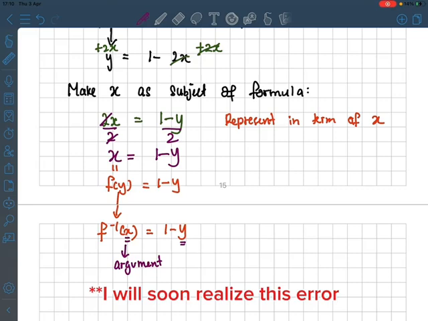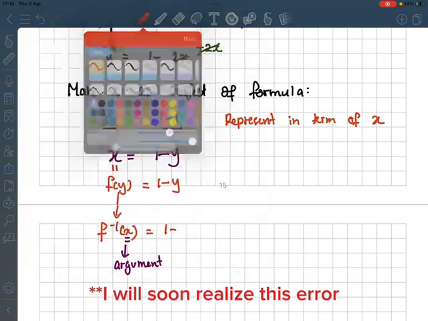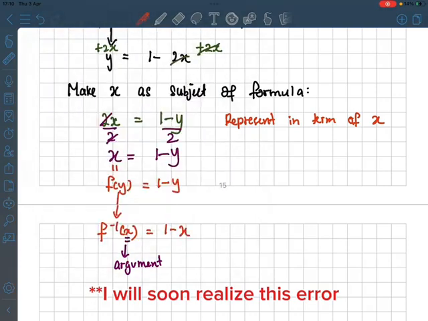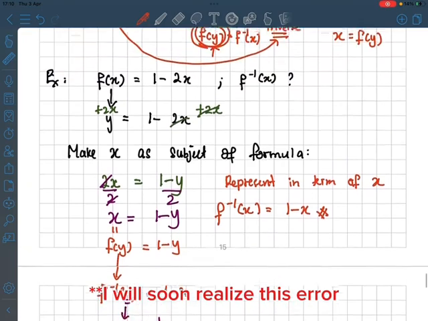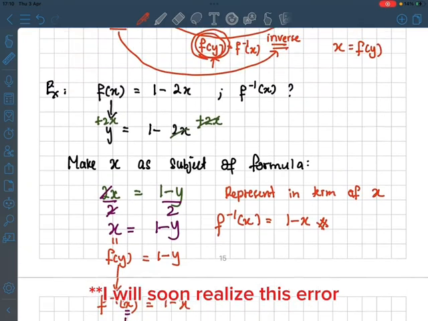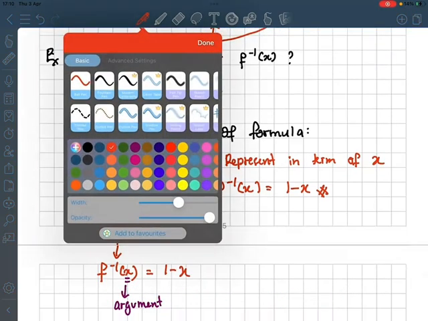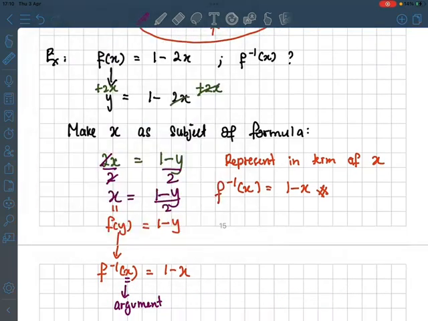We have y here, so it is not compatible. So we need to change the variable to make it compatible. So our final answer is the inverse of f is 1 minus x. Done. Sorry, 1 minus x over 2. I forgot to divide by 2. Okay, sorry for that. We have 1 minus x over 2.